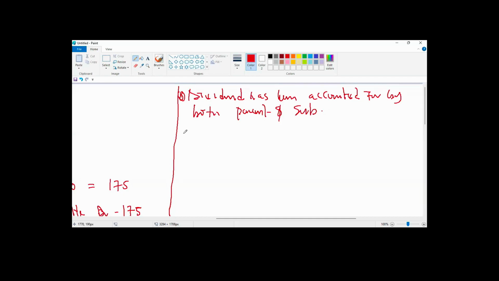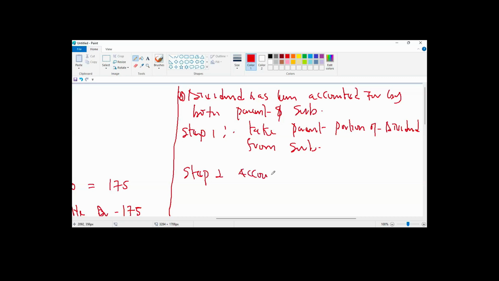Step one, take the parent's portion of dividend on the subsidiary's.